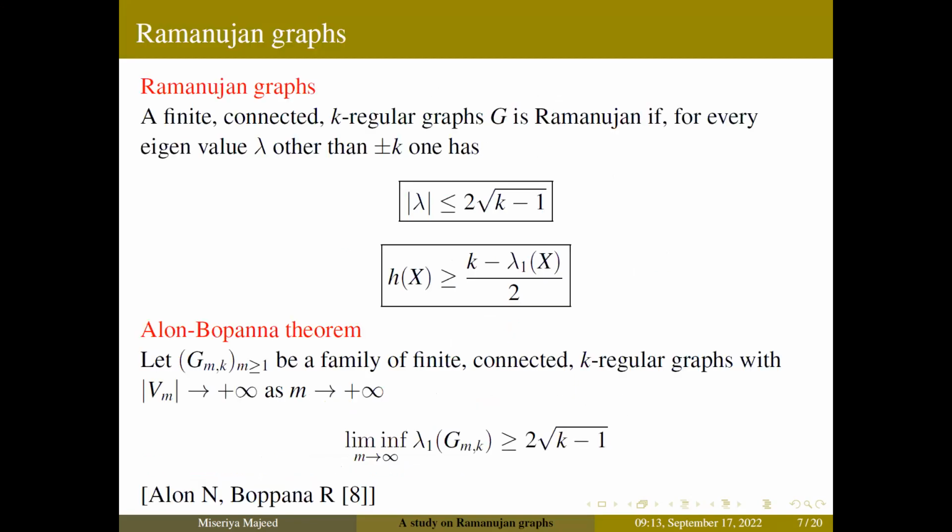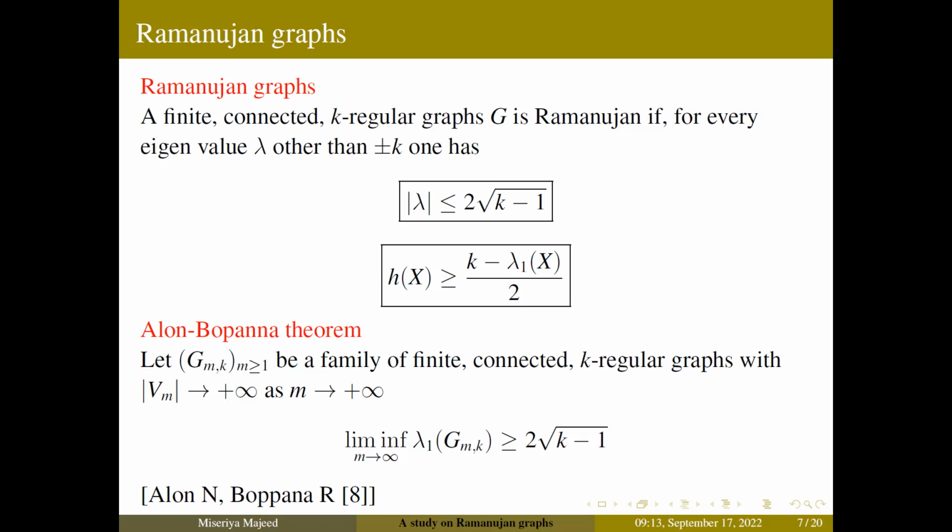Now, moving to Ramanujan graphs, a Ramanujan graph is a finite connected k-regular graph which has all its non-trivial eigenvalues less than or equal to 2 root k minus 1 in absolute value. We have already seen the inequality h of X greater than or equal to (k minus lambda 1 of X) by 2. From this result, it is clear that Ramanujan graphs are good expanders.